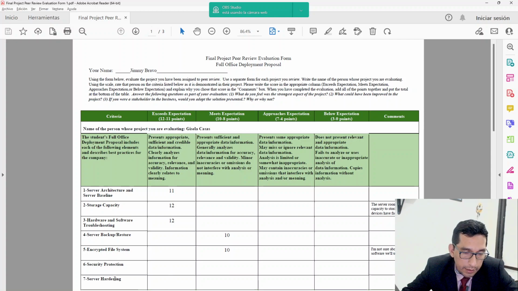The server hardening is important too. All devices that you have in your server are hardened, and the process or capacity to respond to vulnerabilities in the system is very clear and effective to face any problem.